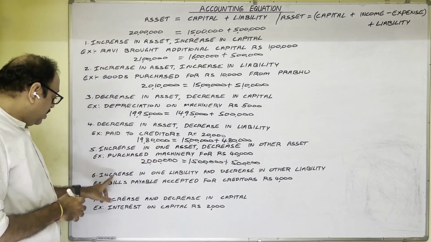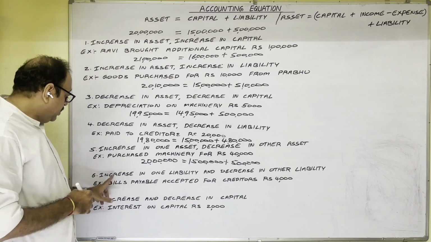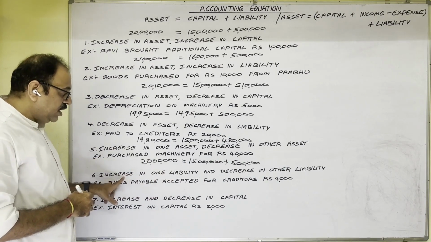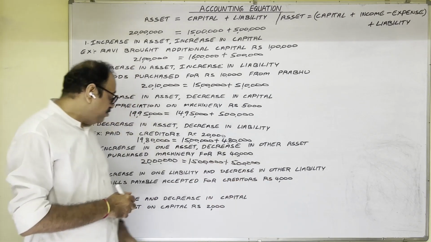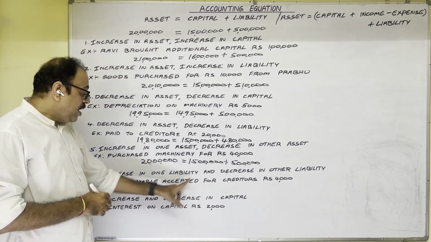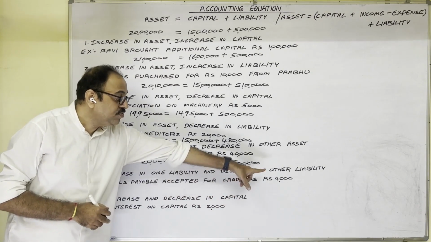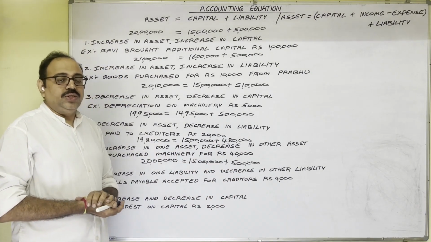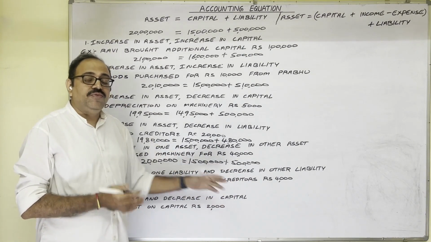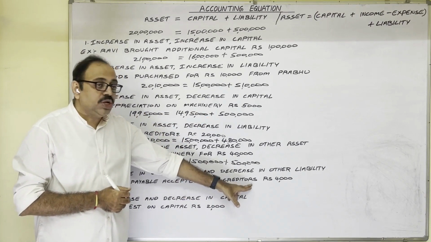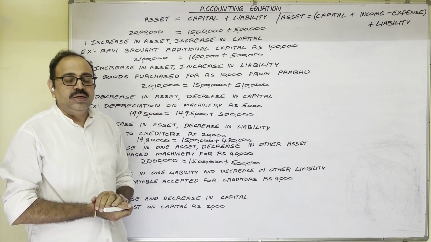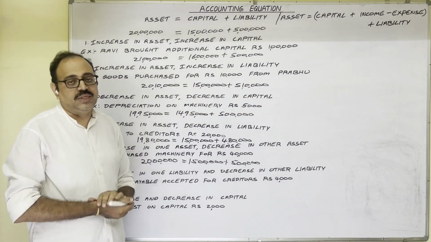Next example. In some transactions, one liability increases and another liability decreases. Example, bills payable accepted for creditors 4,000 rupees. So creditors means the firm is due to them. We have to pay 4,000 rupees to some creditors. They need some written proof from us.